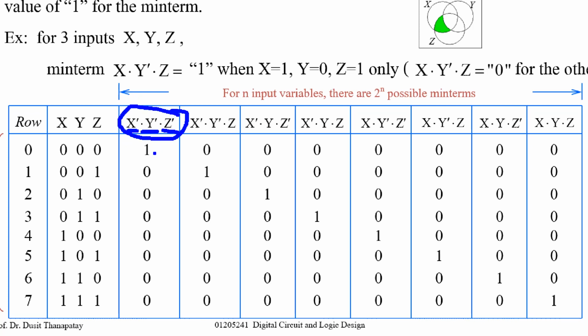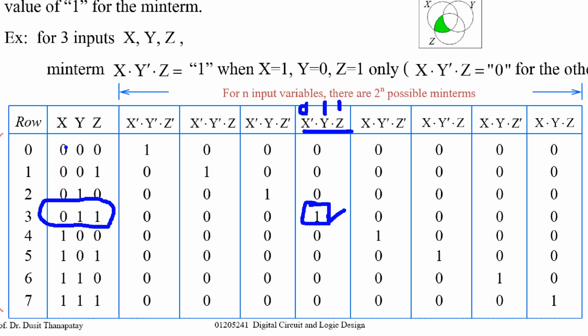This term will be just one case when the input value is 0, 0, 0. Or this term will be just one case when X is 0, Y is 1, Z is 1. Only one case. That means when you apply the value 0, 1, 1 to X, Y, and Z, the result will be 1. But if you apply 0, 0, 0, 1 or another combination value to this term, it will be 0, not 1. Okay, understand?